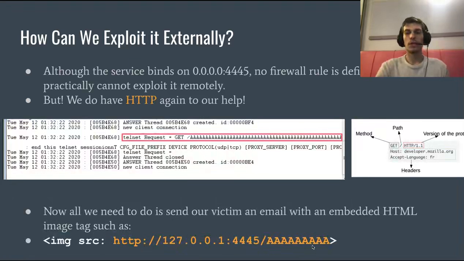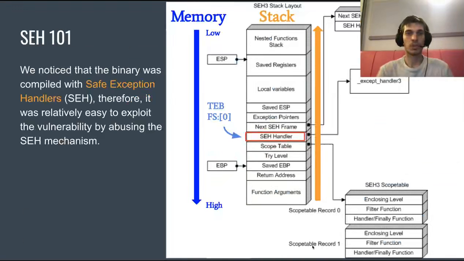So our plan here was to abuse a mechanism named SEH, safe exception handlers. We will not get into the details of SEH handlers in this presentation, but all I want to say is there is an SEH handler, which is a pointer on the stack, and our goal was to overflow it with our data.